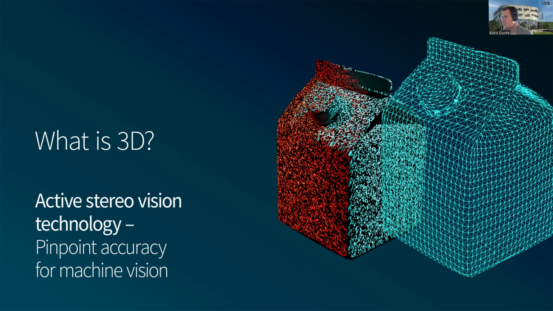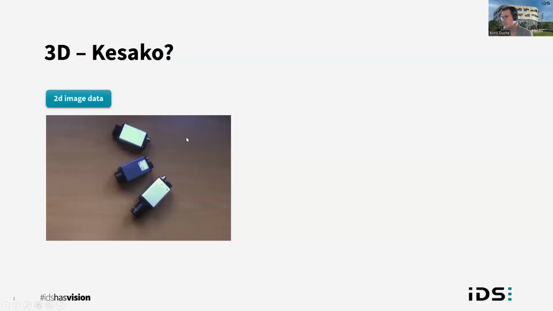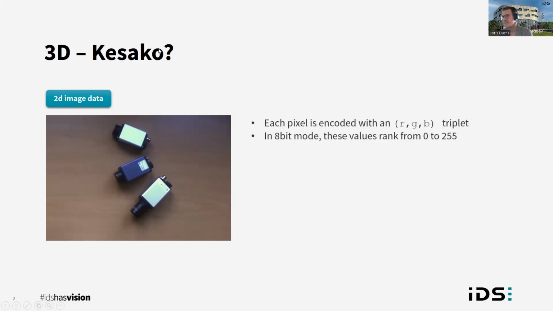Before we start talking about 3D, we need to have a quick talk about 2D images to understand the difference. When we talk about a 2D image, each pixel is encoded with three values in the case of a color camera, with a single value in the case of a monochrome camera.